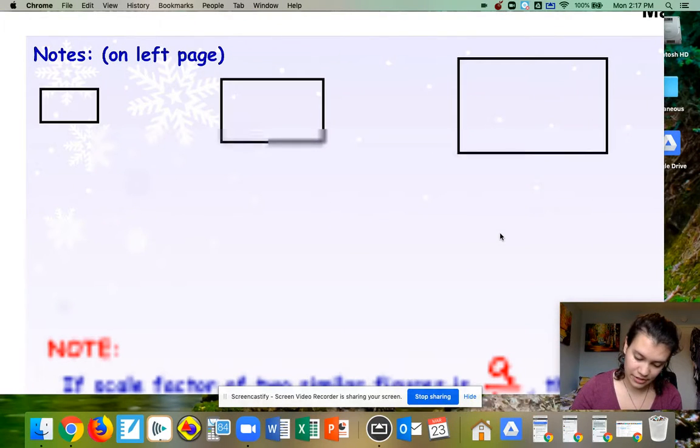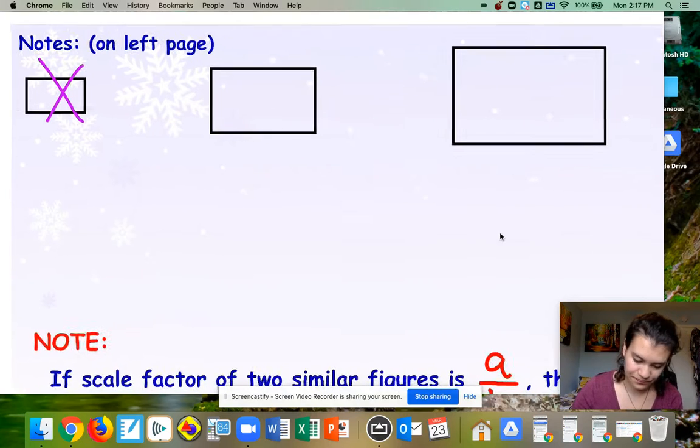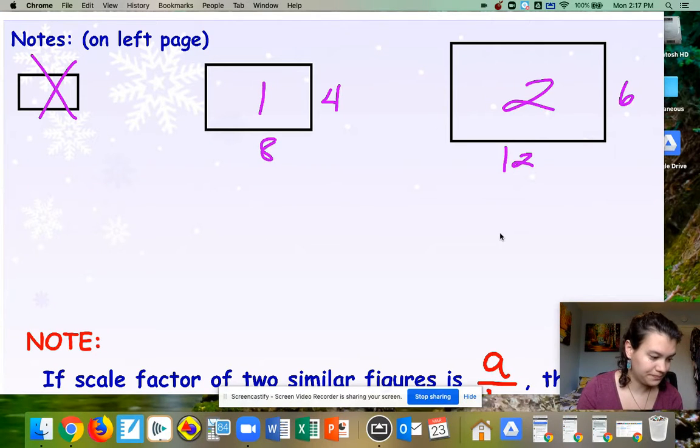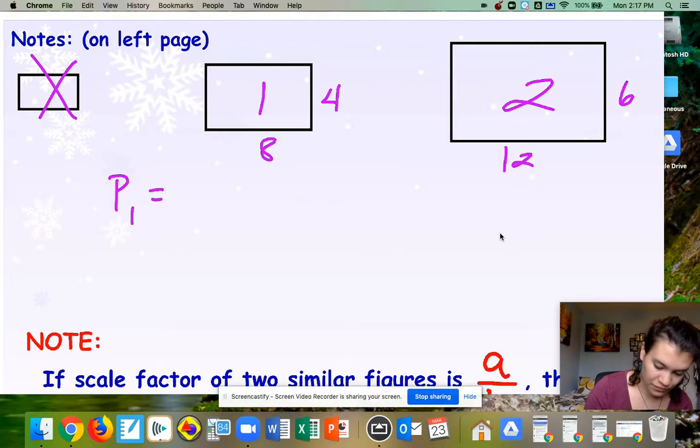So a note here, I'm going to ignore this one. If we label this 8, 4, 12, and 6, we'll say this is 1 and this is 2. If I do a ratio of the perimeters and simplify that down, so if we find the perimeter of our shape 1, we're going to do 8 plus 8 plus 4 plus 4, and you'll get 24.